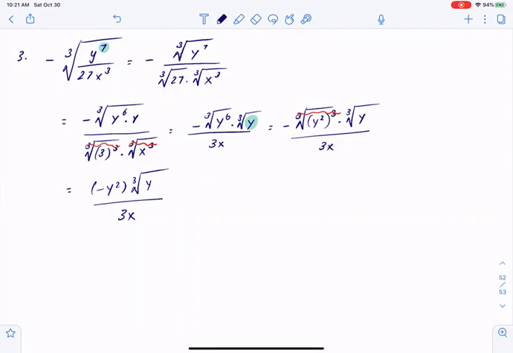So the objective of this problem is to recognize that even if we have a term that will not be directly cancelled by the root, we should know how to manipulate that term. So the rule here is, as long as the power of whatever expression that you have is bigger than the root, then you can definitely do something to simplify.